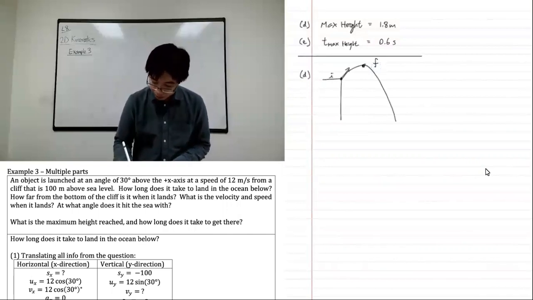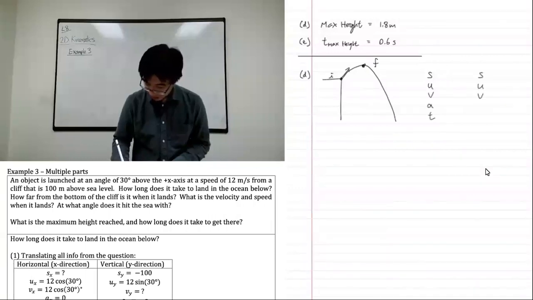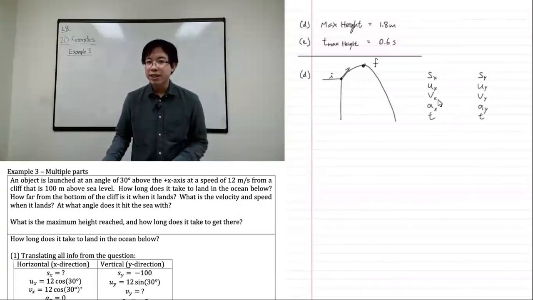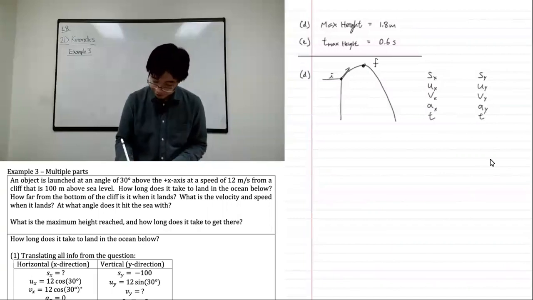So we'll redo our SUVAT variables here and write out the same things. Now the initial point, this time the initial velocities are going to be the same because that's the same initial point, but the final velocities are going to be different, right?